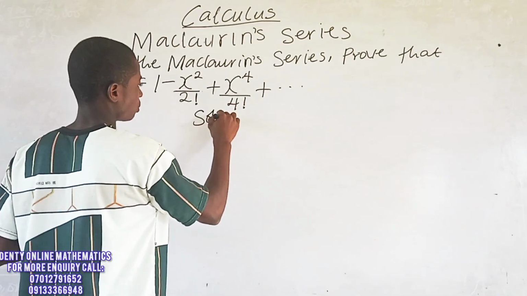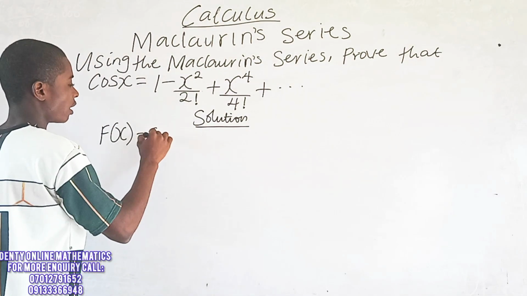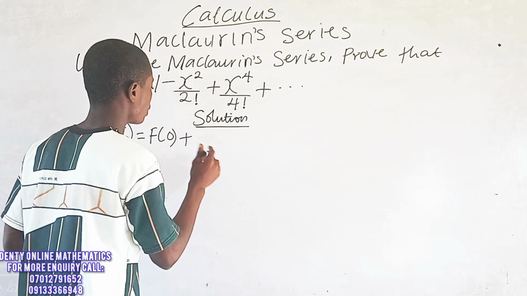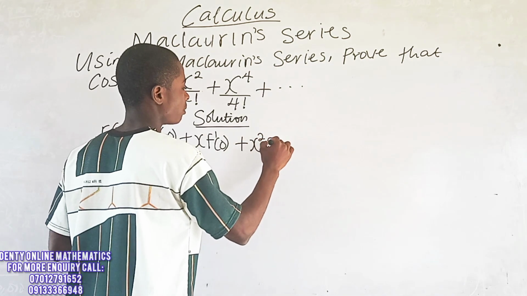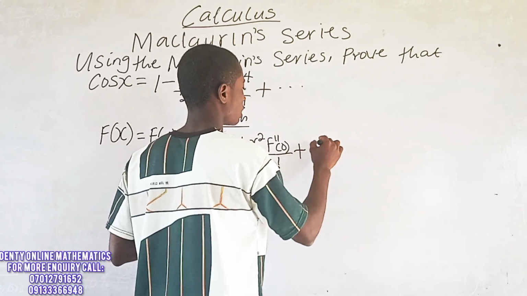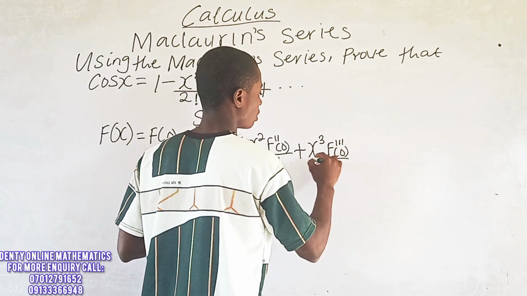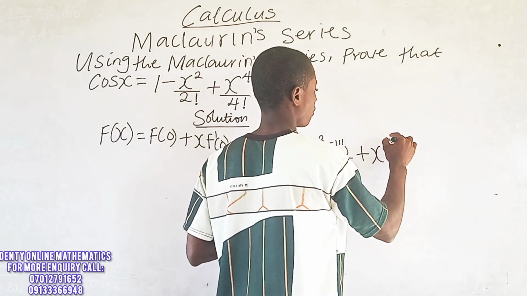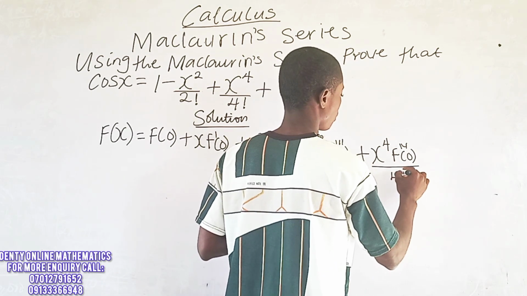Now, this is the solution to this problem. The Maclaurin series of f of x states that you're going to have f of 0 plus x multiplied by f prime of 0 plus x squared multiplied by f double prime of 0 all over 2 factorial plus x cubed multiplied by f triple prime of 0 all over 3 factorial plus x to the 4 multiplied by f four of 0 all over 4 factorial.